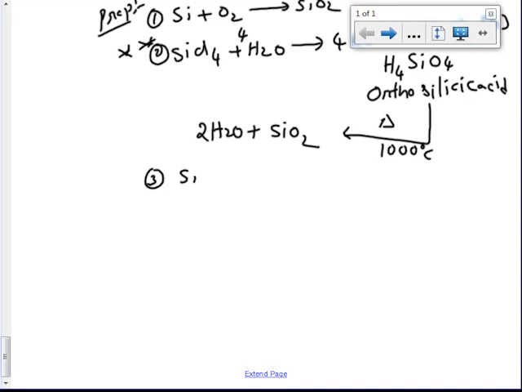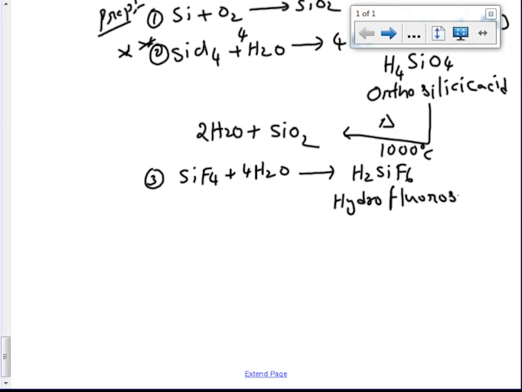The third method of preparation is silicon tetrafluoride on hydrolysis. With 4 molecules, we get H2SiF6, named hydrofluorosilicic acid, like our hydrofluoric acid, and the remaining is H4SiO4.